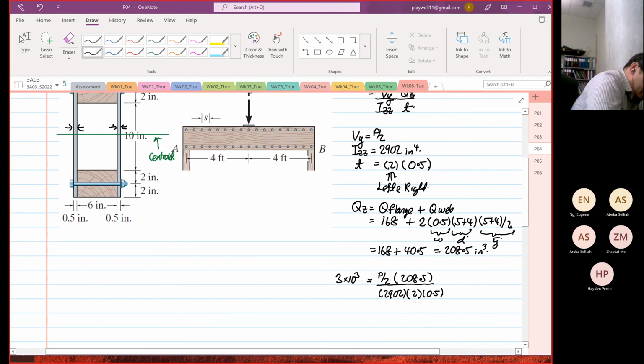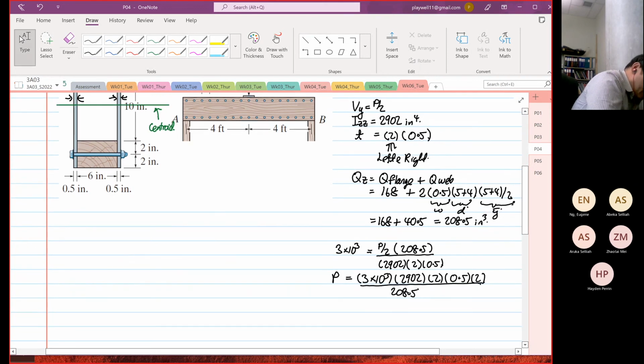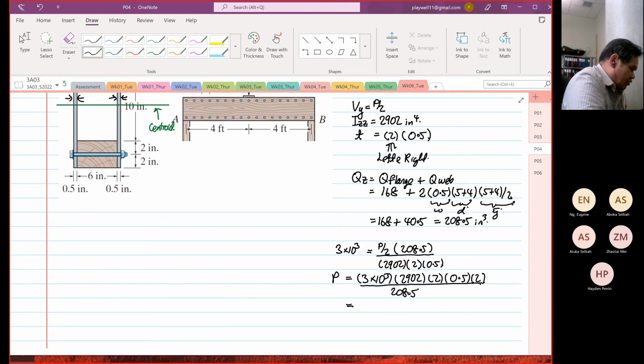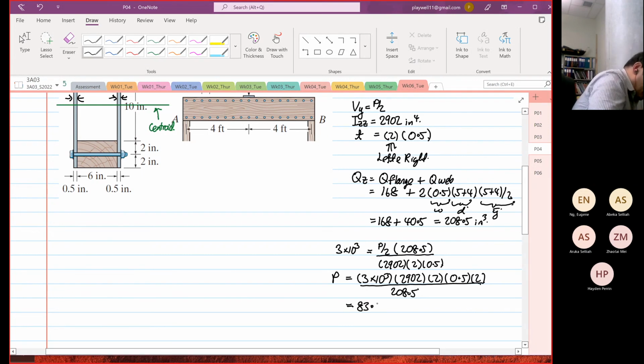So therefore, P is equal to 3 times 10 to the power 3 multiplied by 2902 multiplied by 2 multiplied by 0.5, then multiplied by 2 again, and divided by 208.5, which is equal to 83,511, or 83.511 times 10 to the power 3 pound force.